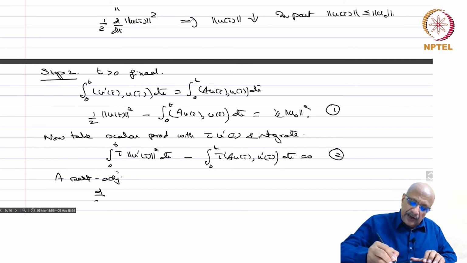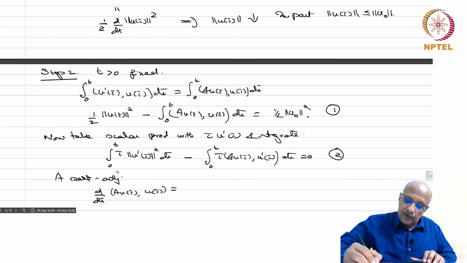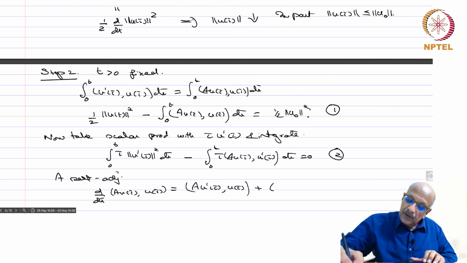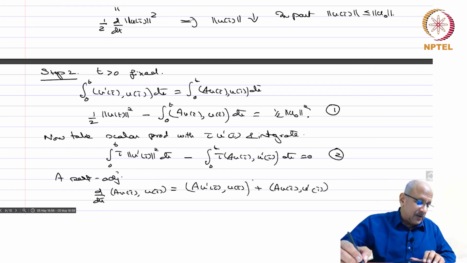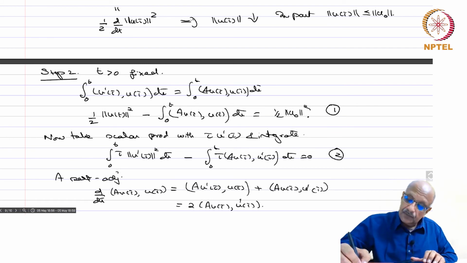So d by d tau of (A u(tau), u(tau)), if you use the product rule, this is (A u'(tau), u(tau)) plus (A u(tau), u'(tau)). Now the A can go anywhere because it is self-adjoint, so this is equal to 2 times (A u(tau), u'(tau)).